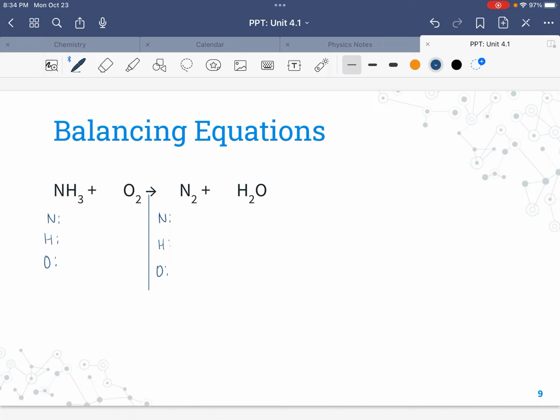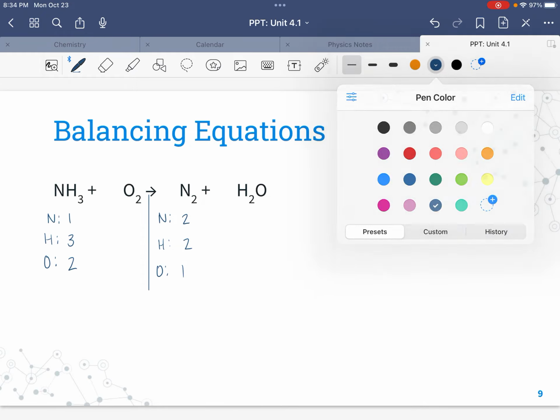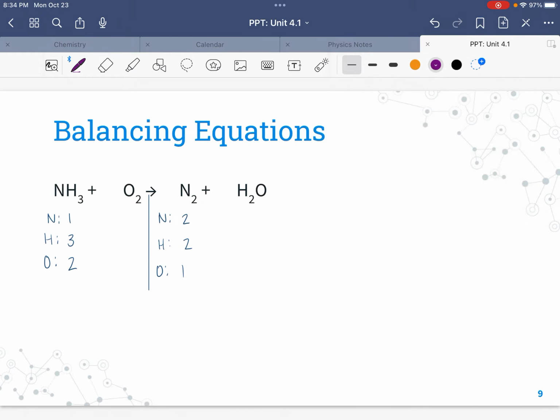Okay, the next step is to count how many I have on each side. So on my reactant side, I have 1 nitrogen. For hydrogen, I have 3, and oxygen, I have 2. Okay, on my product side, I have 2 nitrogen, 2 hydrogen, and 1 oxygen. All right, so I'm going to go ahead and start with my nitrogen.